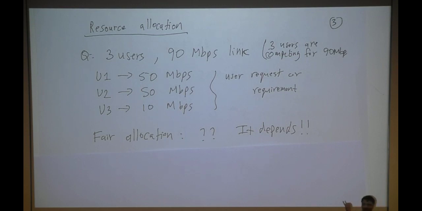One other thing: the 3 users have different requirements. User 1 wants 50 megabit per second. User 2 wants 50 megabit per second. User 3 only wants 10 megabits per second. So I have a 90 megabit per second link, 3 users with these requirements. And the question is, what's a fair allocation?